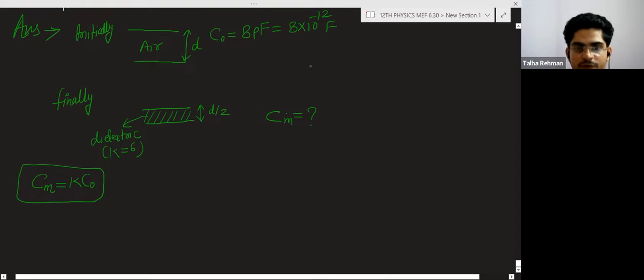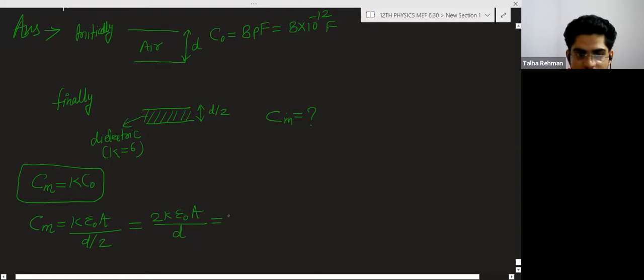So I can write Cm as K times epsilon naught A by D, and now you have to take this D by 2 because you are talking about the dielectric. So this 2 will go in the numerator, and this will become 2K epsilon naught A by D.